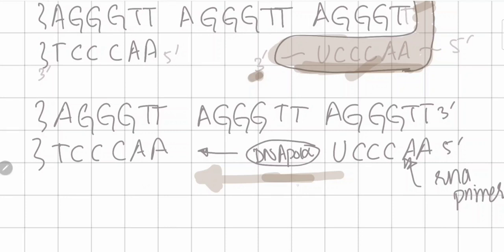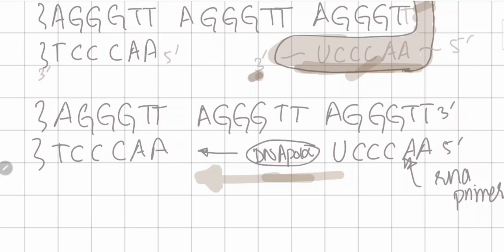It is going to replicate in this direction, and that is going to lengthen the 5' end strand. In the same way, the 3' end strand is also lengthened from the same enzyme. That's how telomeres are lengthened.